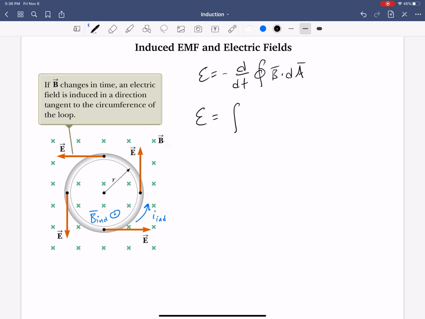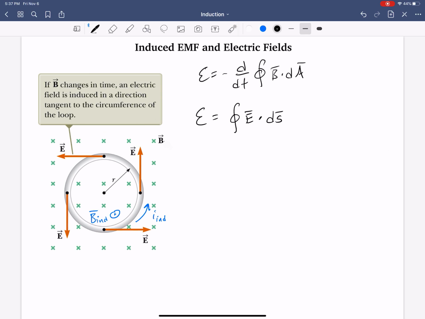And so we write that as such. It's the closed integral of the electric field dotted with the path length, ds. In this case, it'll be 2 pi r, but in any case, as long as that loop or that path is closed, we will have this closed integral be true. So that's a separate way to write the induced EMF.